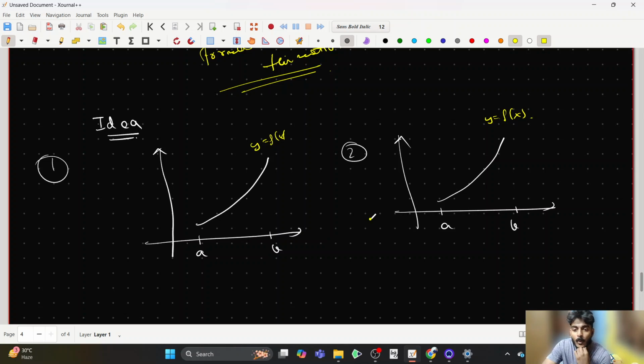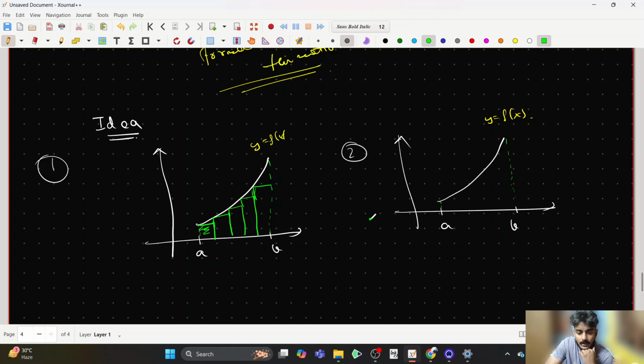Fine. What I'm doing is trying to break the area under the curve into elementary geometric figures whose area is known to me. And as I said, the most useful in this case will be a rectangle. So I'm trying to construct rectangles in this way. Some arbitrary rectangles. Yeah, let's say in this way.